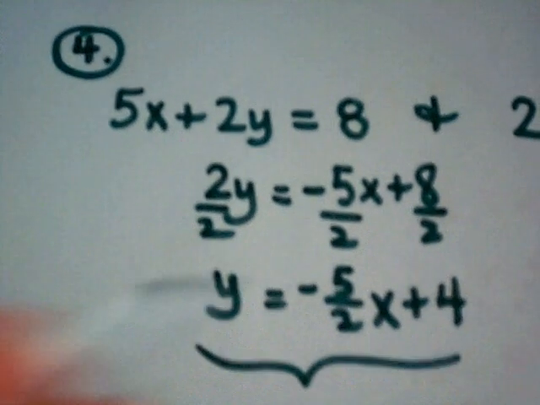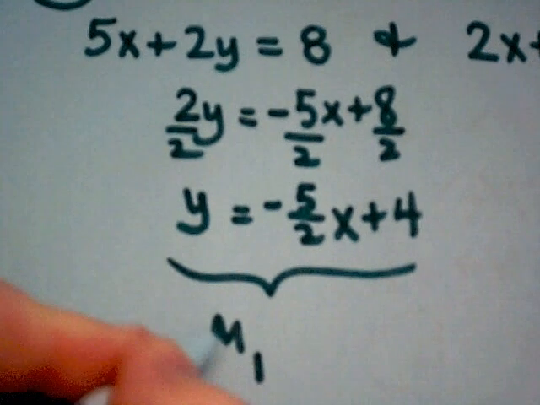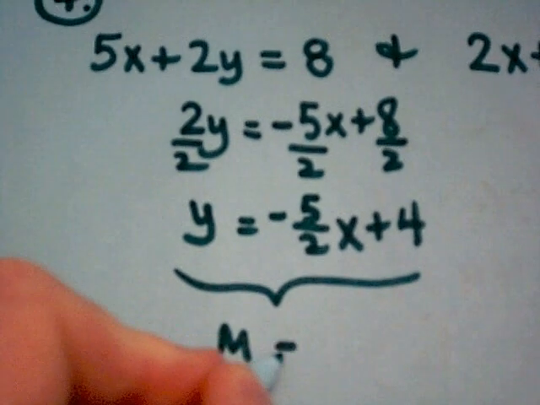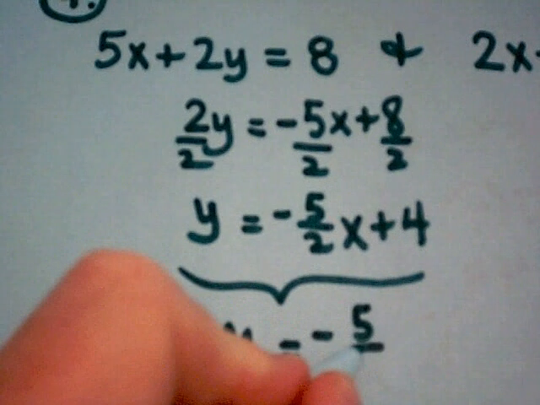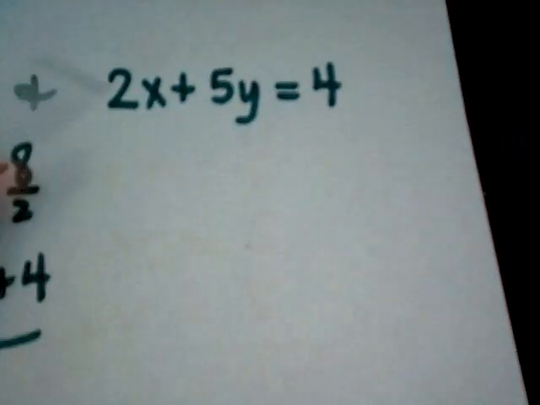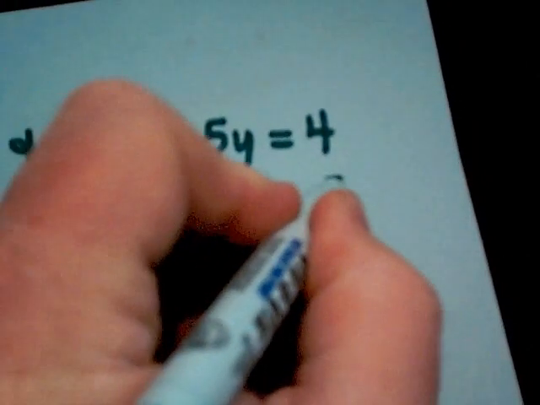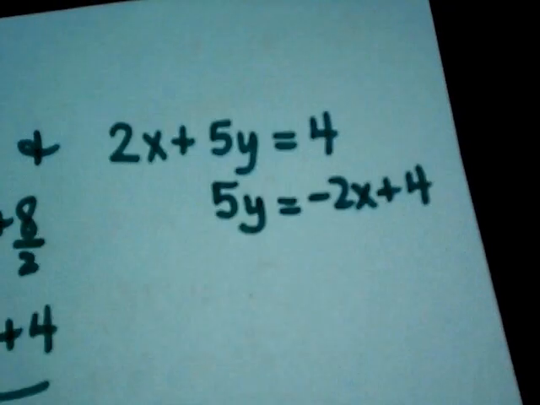So what I can tell here is the slope of the first line, m sub 1, that means the slope of line 1, is -5/2. Now I need to do the same thing for my second line. So 5y is equal to the opposite of 2x plus 4.